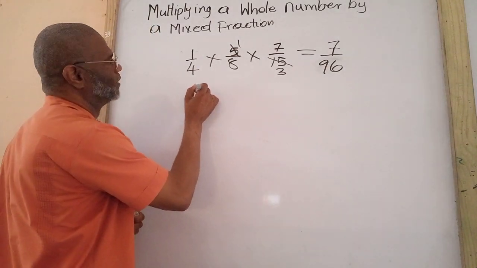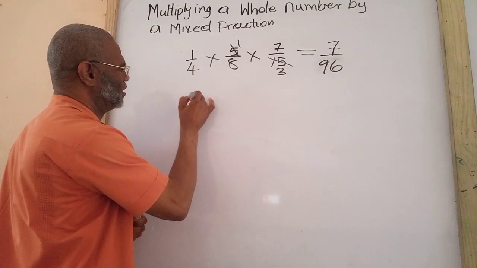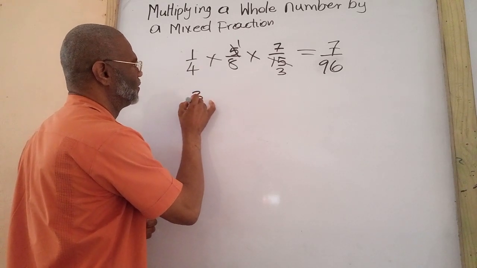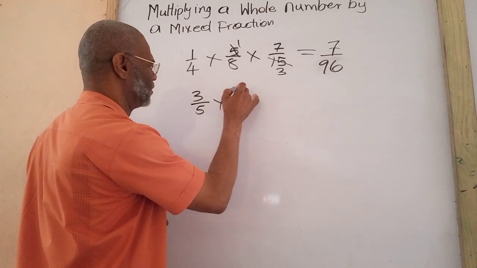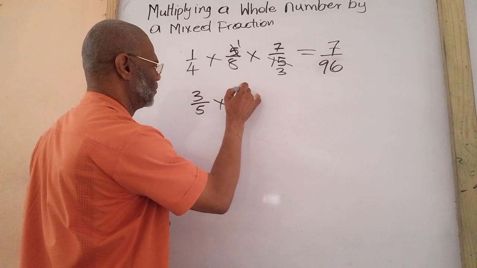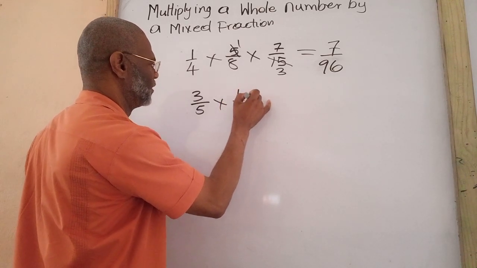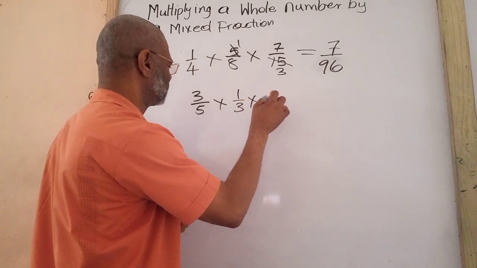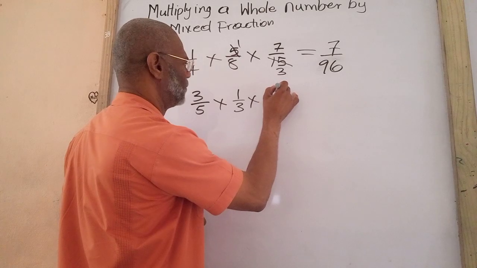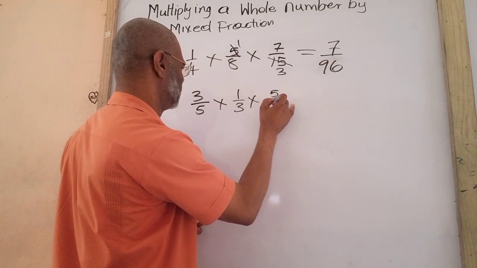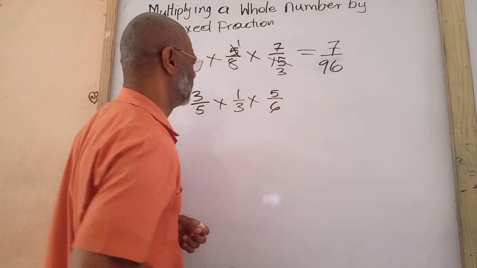So we have, let's say, 3/5 times 1/3 times 5/6. Okay?